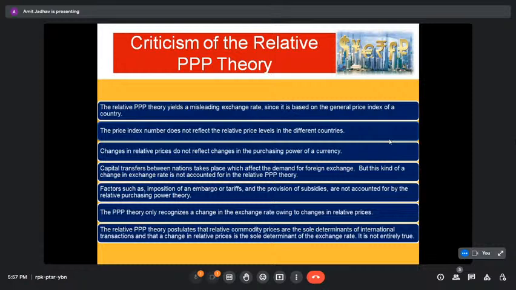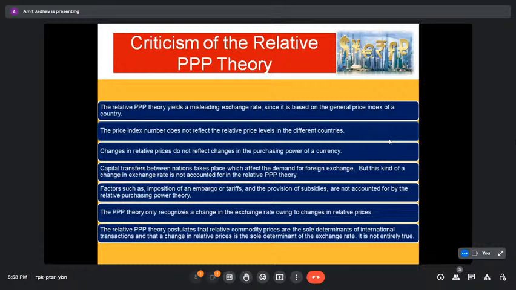The price index number does not reflect the relative price levels of the different countries.